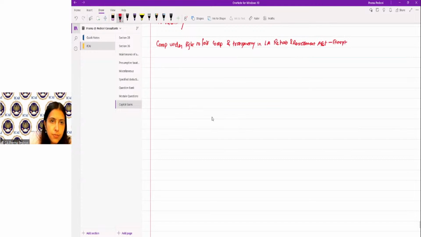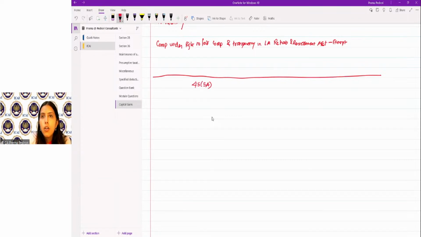So now 45(5)(a). What is 45(5)(a)? This is in the context of joint development agreement. Many a time, developers ask for the land from the landowners, and then they develop the property on that land, and then they give a share in that property to the landowners.